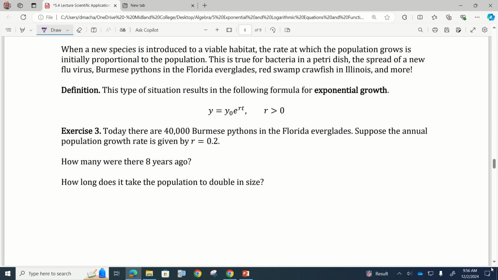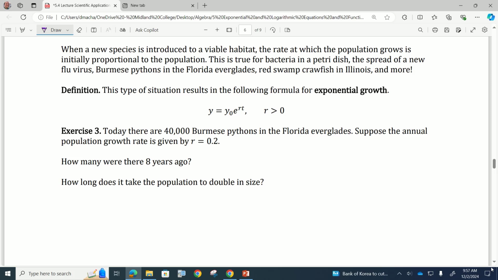Burmese pythons are from Burma. And so when pet owners bought Burmese pythons to keep as a pet at home and then decided they didn't want them anymore, and they go and release them into the Florida Everglades, these foreign pythons can easily outcompete all the other species in the Everglades, and there's ample food supply for them, and they just reproduce really quickly.